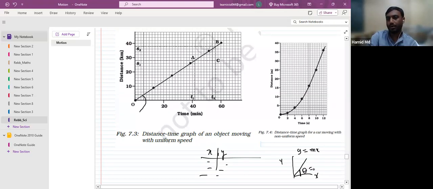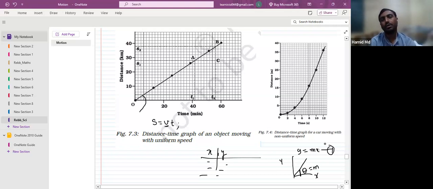Here, if you write, then on the y-axis we have distance s, this is v, and this is t. So here v is velocity, which corresponds to m in equation 1. So that is the mathematical equation, and we will translate that equation into our time-velocity graph. So we will get this.